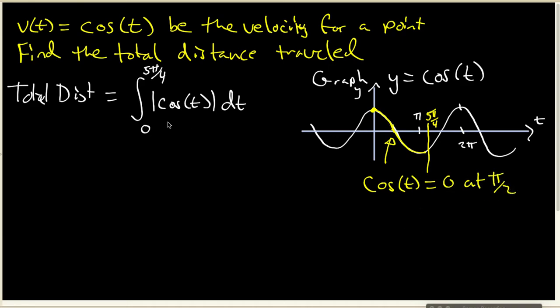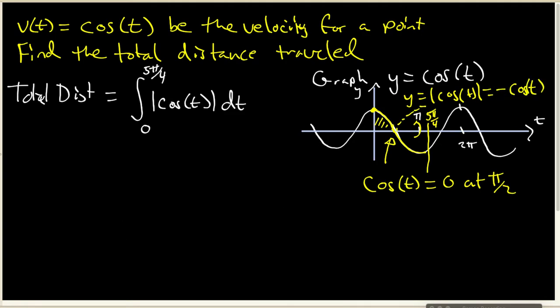So we have to split this integral up at pi over 2 so that we're getting this area as positive, and I want to flip this area over the x-axis and graph y is equal to the absolute value of cosine of t, which on that interval will just be minus the cosine of t.